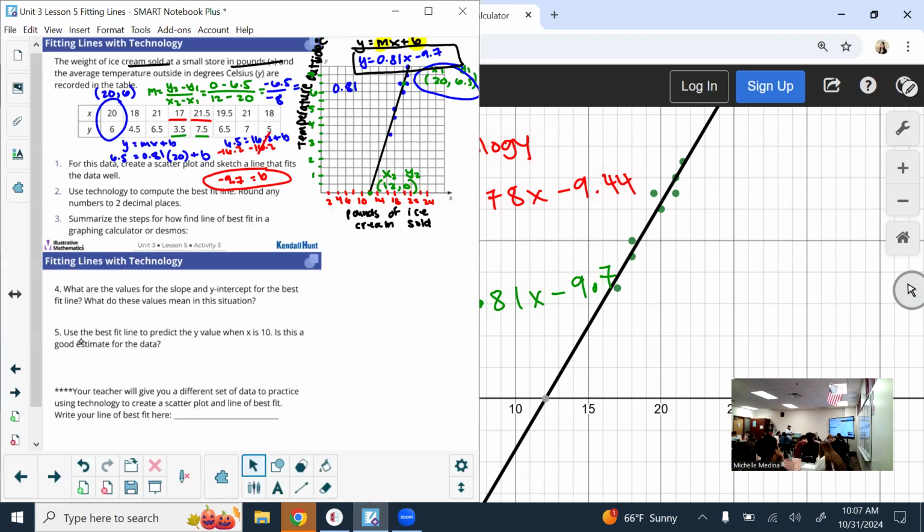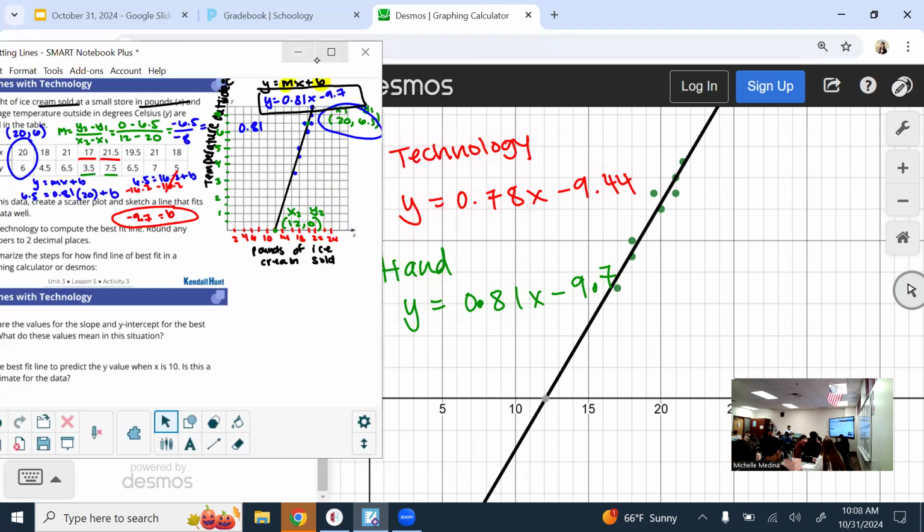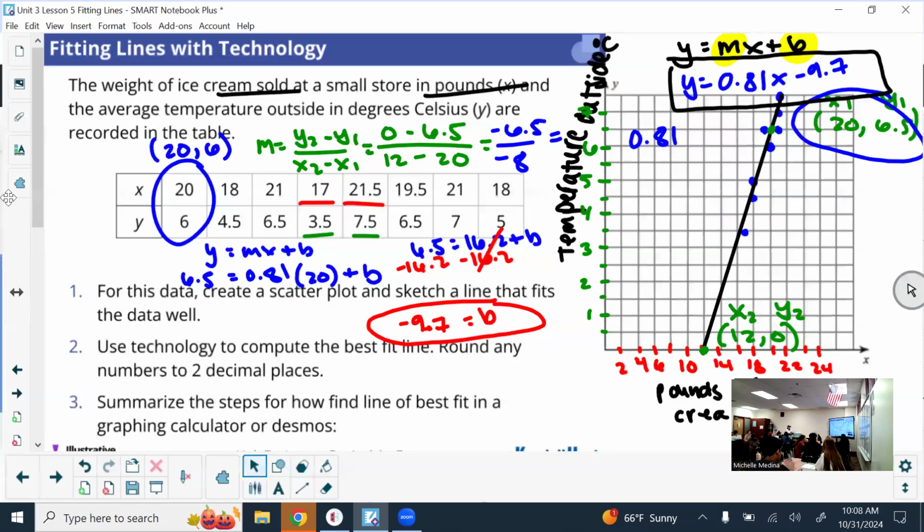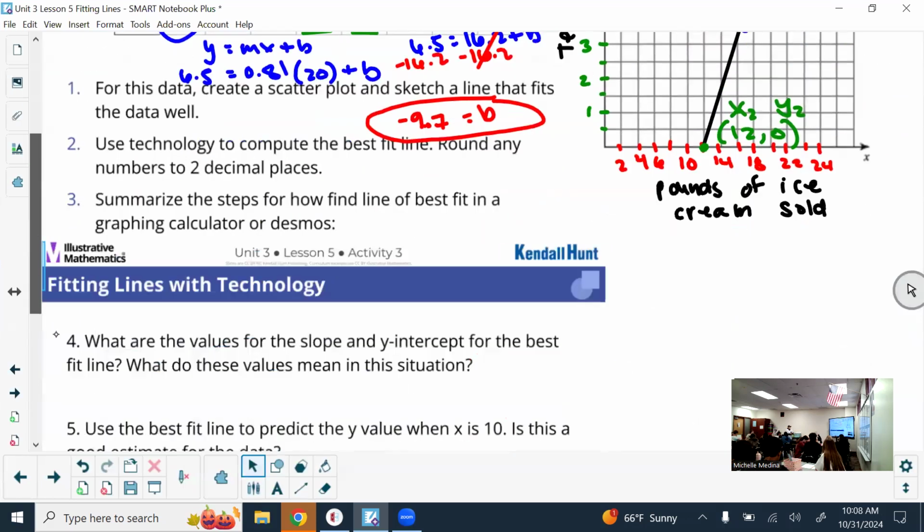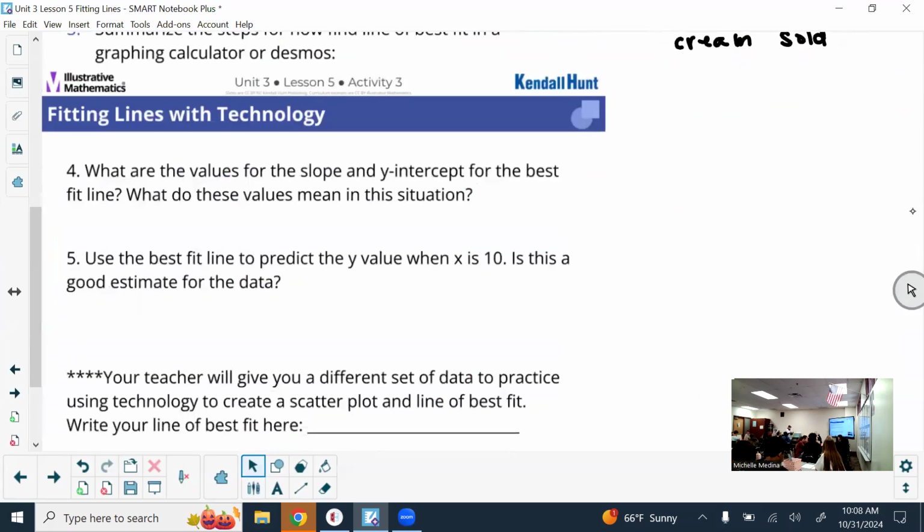Now we're going to use that to answer questions. So 4 and 5. The values for the slope and y-intercept, use what we get from the technology. We did it by hand because yesterday it was rushed, so we did it again. With the technology, our slope was 0.78.